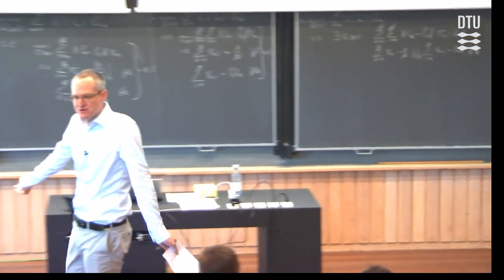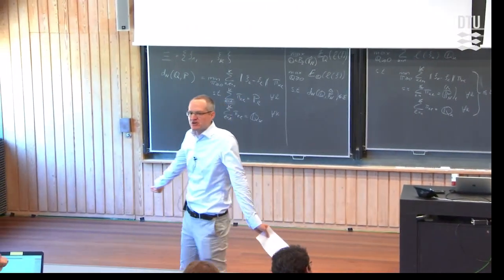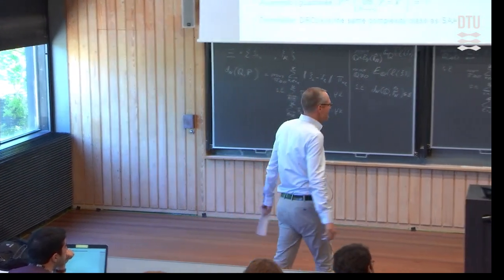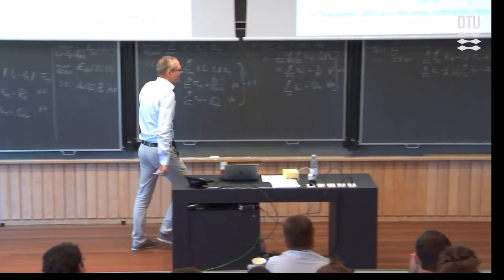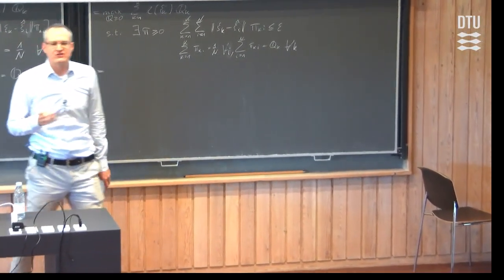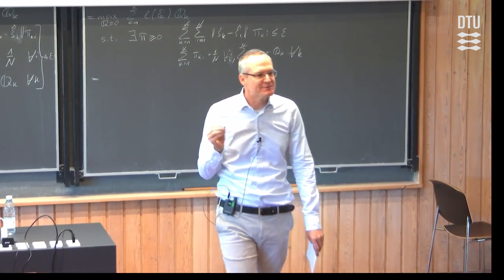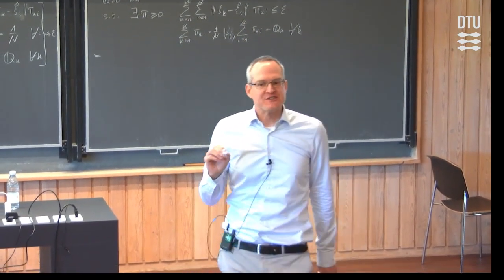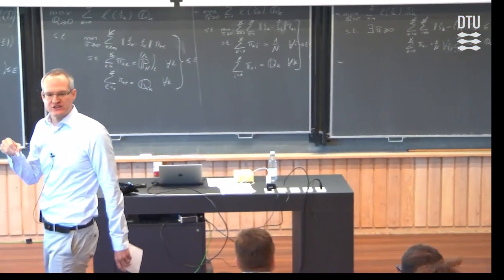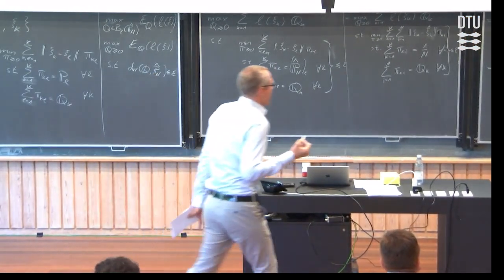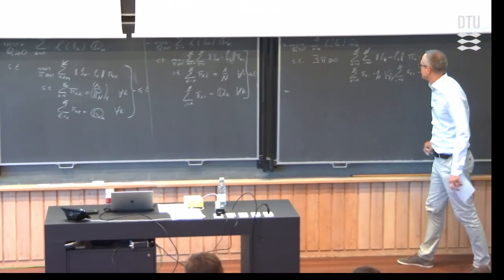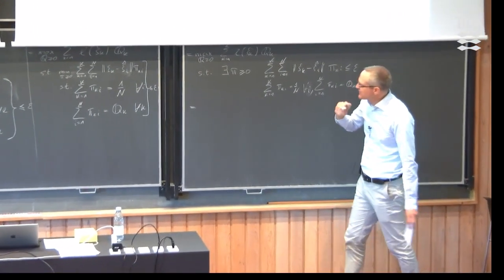I've removed the minimum, but I have now a condition that says there exists something. Now, I can do two things to simplify this problem, and now I really mean simplify. The first thing is, in the objective function of my problem, I have the distribution Q, and that's my decision variable of the problem, right? Actually, let me do the other thing first.